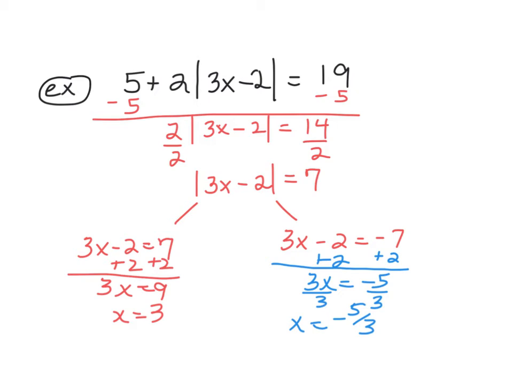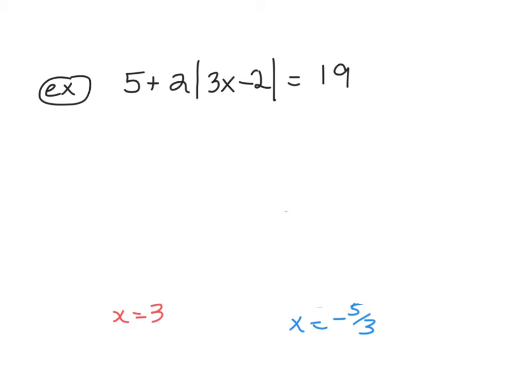Just as a reminder, let me double check these solutions back in the original equation. So if x were 3, and I substituted 3 in for x, I would get 5 plus 2 times the absolute value of 3 times 3 is 9 minus 2. That should equal 19. So I put a little question mark over that equal sign just to remind myself I'm just checking here.